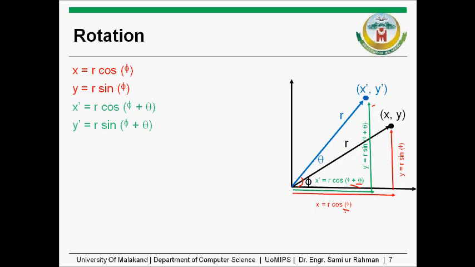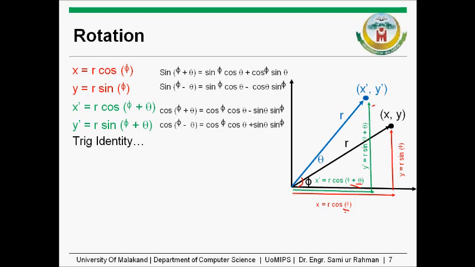For the rotated vector, which is still r, the difference is the angle. There is no difference in the length, so r is the same, and the angle is a combination of these two angles.